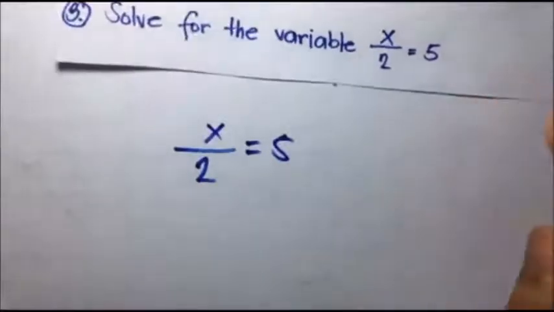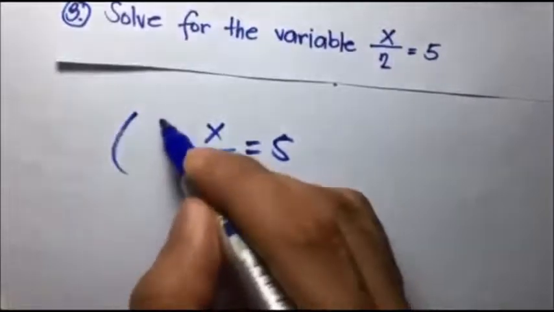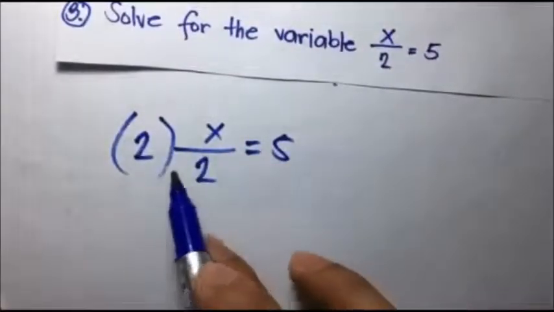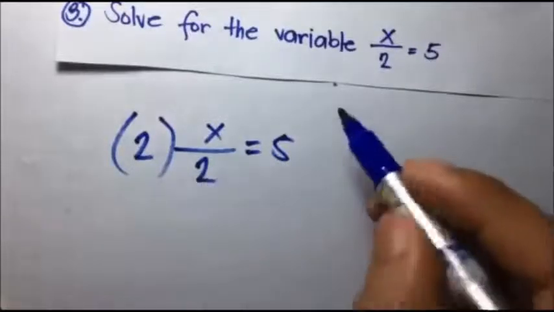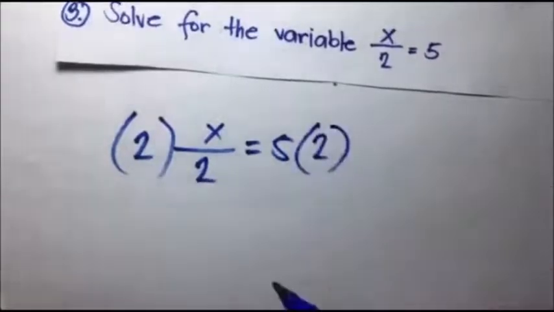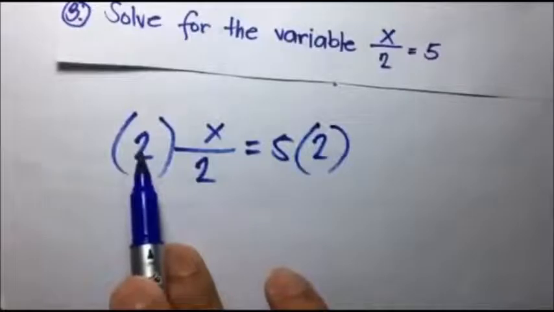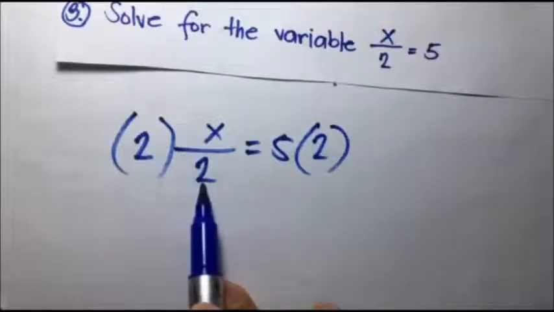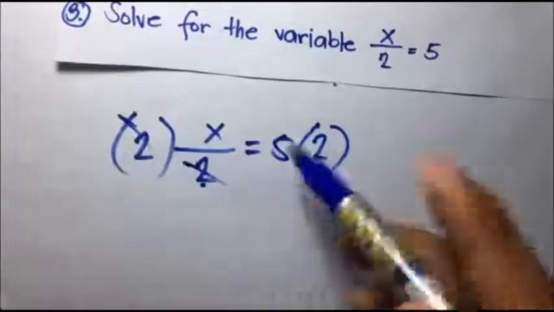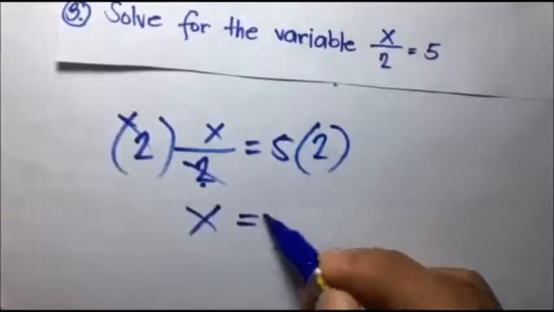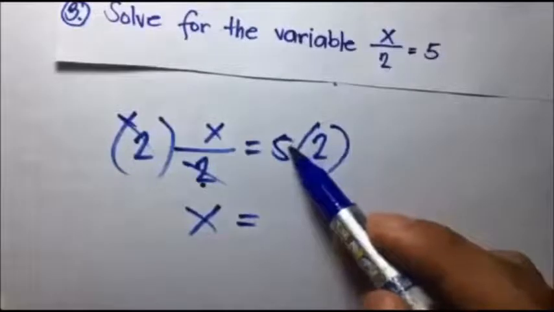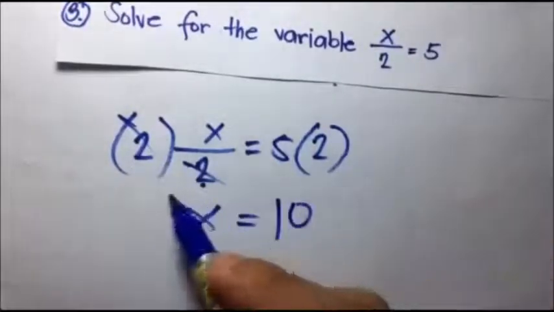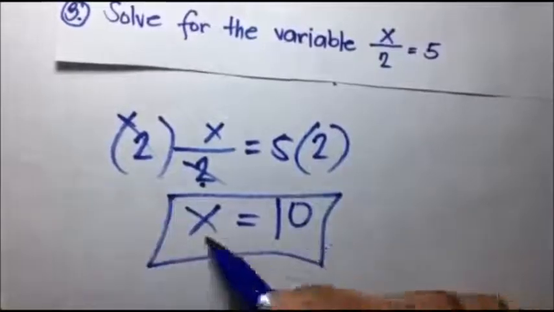We need to multiply by 2 on both sides in order to cancel this 2. 2 times x, 2x divided by 2, that is x. So it cancels, that is x. 5 times 2 is 10. The answer is 10. Our x is 10.